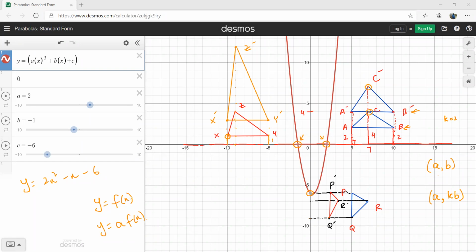Now the same happens when you stretch a curve. Okay, now look at this. Let me note down some points over here on this curve.